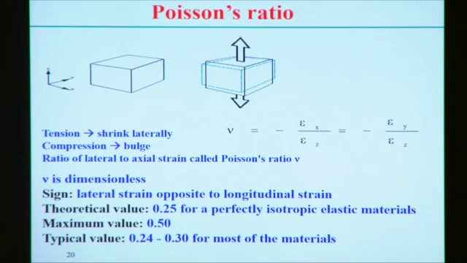The theoretical value of Poisson's ratio is 0.25 for perfectly isotropic elastic materials, but the maximum limit is half or 0.5, and typical values for most materials are observed between 0.24 and 0.3.